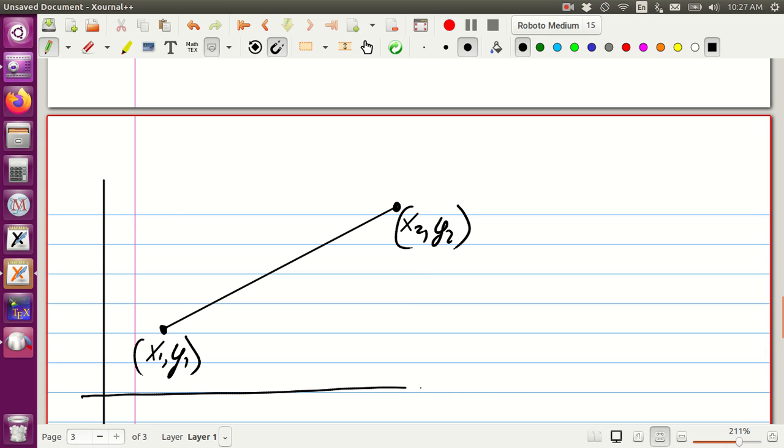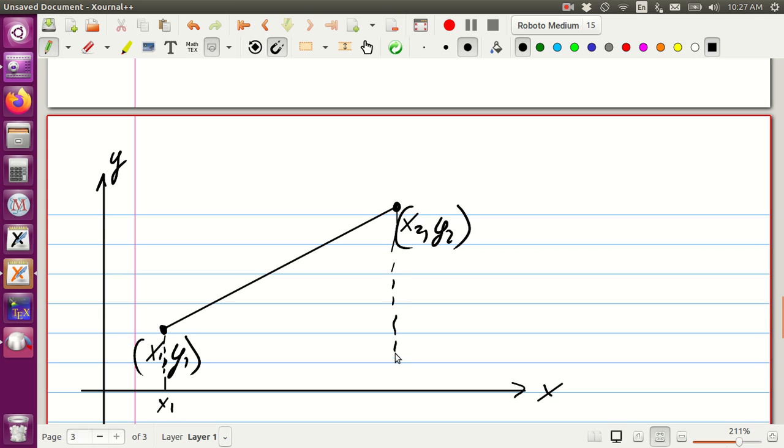and we have our x and y axis. So what we're going to do, we're going to say this is x1, this is x2, and the middle of this line segment would be x2 plus x1 divided by 2. So this point will be over here. And the same we can do for the y-axis. This would be y1. This would be y2.